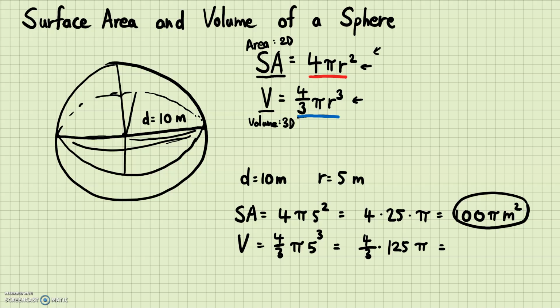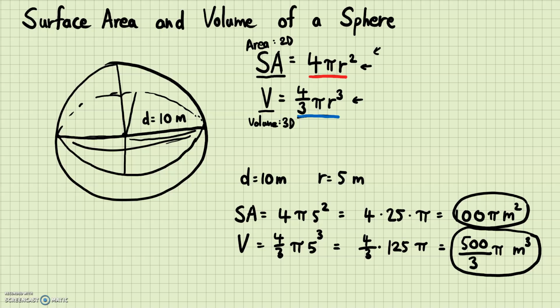And that's going to be 500 over 3. Again, you can just leave it like this. You don't have to change to mixed numbers. 500 over 3 times pi meters cubed. So this is the volume of our sphere.